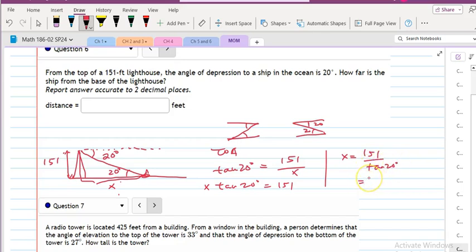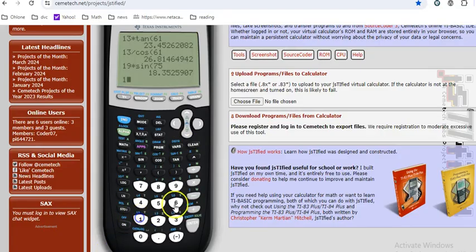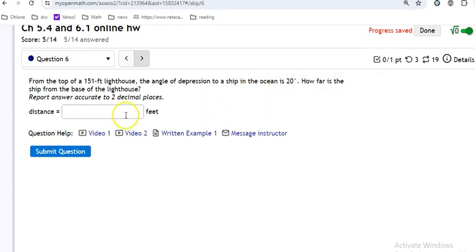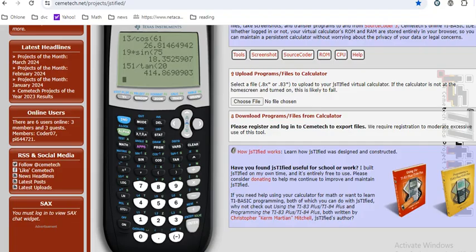And that's what we'll do. 151 divided by tangent 20. 414.9. Oh, 2 decimal places. 414.87.